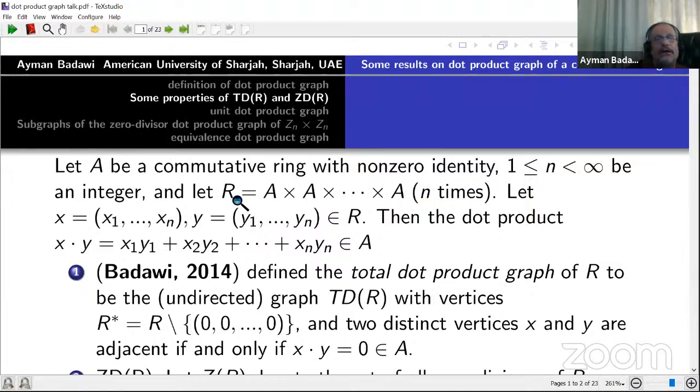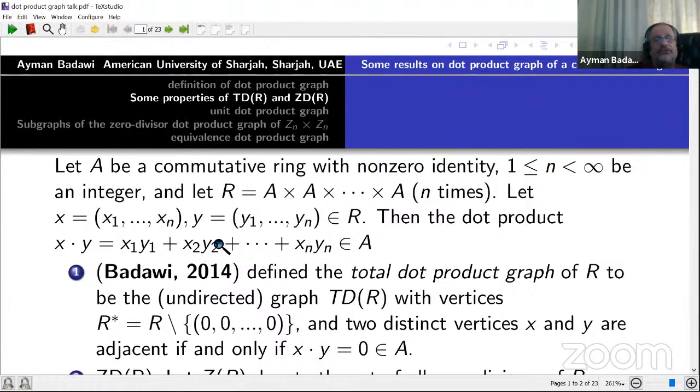Okay. So R will be a product of A, n times. And if you take two elements in R, X and Y, then the dot product X dot Y will be X1 Y1 plus X2 Y2, keep going, like the normal dot product, like the things we study in high school or in college.